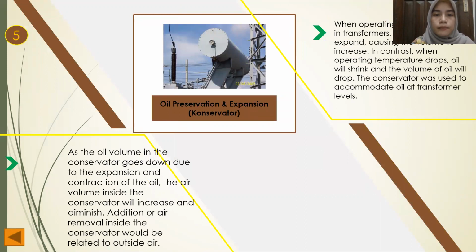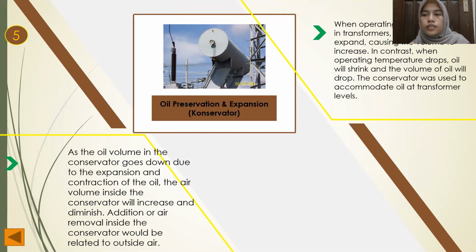Next, oil preservation and expansion or conservator. When operating temperature rises in transformers, the insulation oil will expand, causing the volume to increase. In contrast, when operating temperature drops, oil will shrink and the volume of oil will drop.